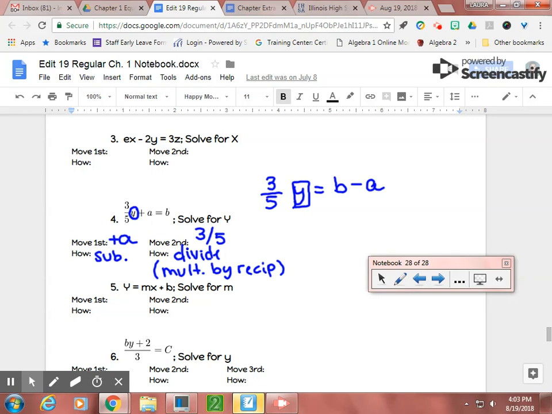Okay, so if you forgot what the reciprocal was, the reciprocal is when I take it and flip it upside down. So I want to multiply this whole side over here by 5/3. So when I rewrite my final answer, I would write it as 5/3 parentheses b minus a, because we want to multiply that 5/3 to every part of it.